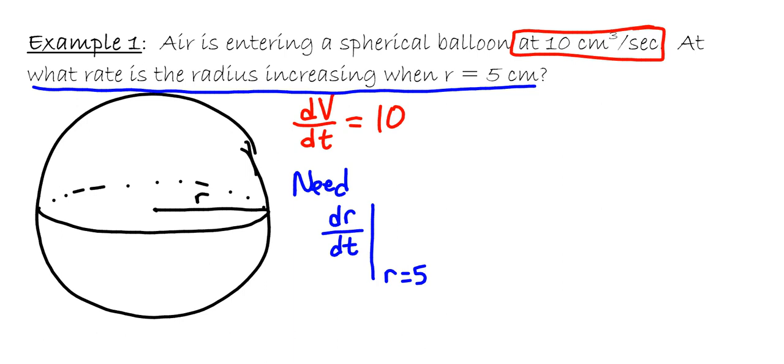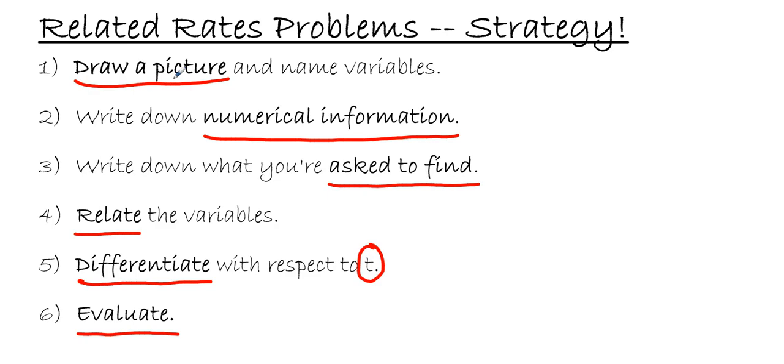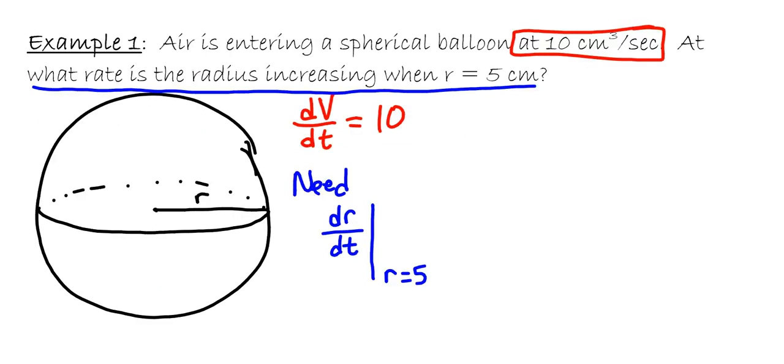So we did this, we did this, we did this. Relate the variables. What is the formula that relates volume to radius? Well, the volume of a sphere is 4/3 pi r cubed. That's the equation that relates the variables. Volume, radius. V equals 4/3 pi r cubed.